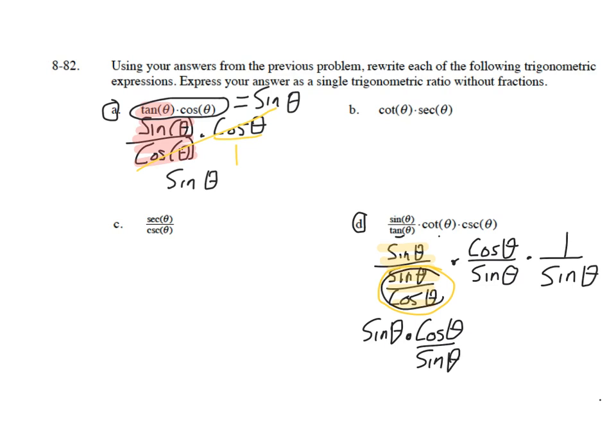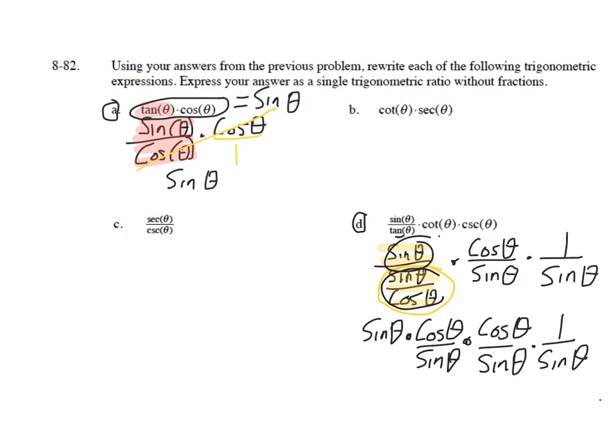I've just taken this and multiplied my numerator by the reciprocal. Times, I have cosine theta over sine theta times 1 over the sine of theta.